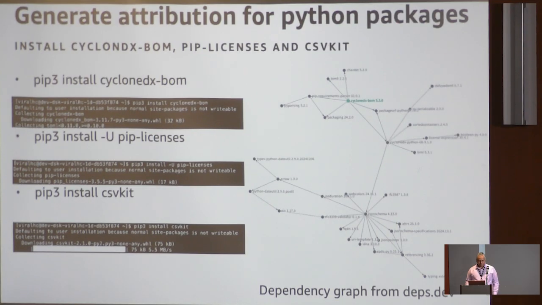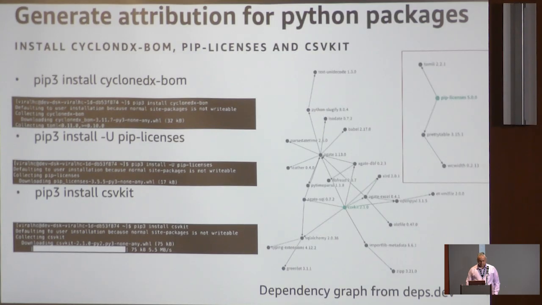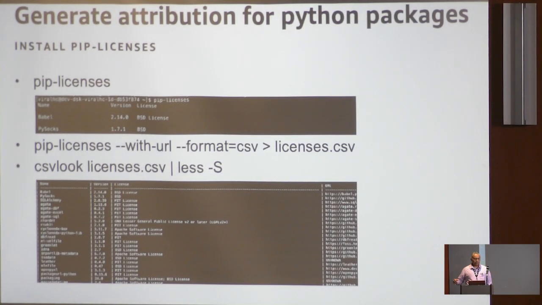We also install pip-licenses and csvkit on Amazon Linux 2. Once they are all installed, you run pip-licenses. It will provide you information about what packages you have and what licenses they are using. And as I mentioned, I like to see Excel output, so I generate things in Excel.